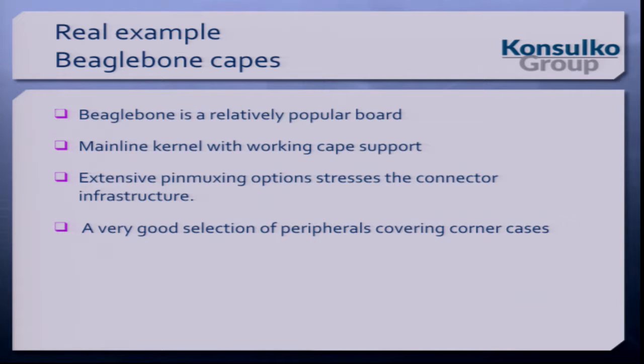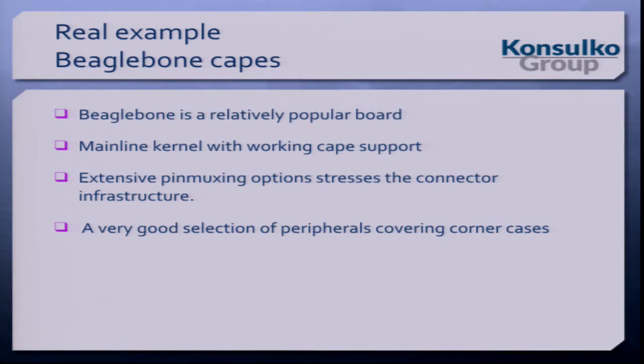So a real example: there are a lot of BeagleBone capes, which are expansion boards. It's a pretty popular board. There is a mainline kernel, and cape support is available. There are extensive pin muxing options for each pin on the connector, which means that the connector infrastructure is stressed, because there are some really weird combinations.